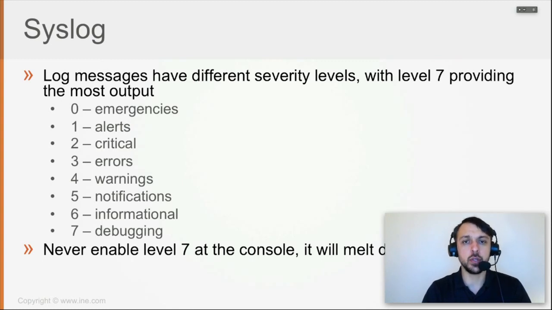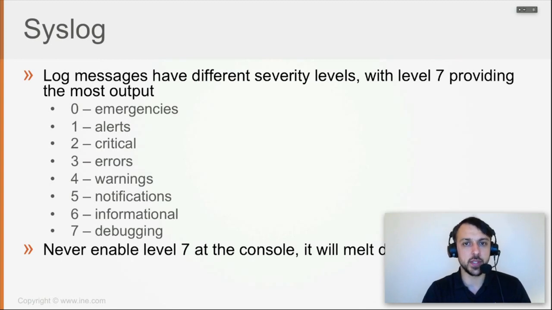You can imagine that in a real-life network where a router passes hundreds and hundreds of megabits per second, it is not going to be able to put all of those log messages at the console, and even trying to do that is going to cause high CPU. When the CPU goes to 80, 90, 100%, unexpected behavior can happen, which means the router can crash, can reload, or is going to start losing packets from the control plane.